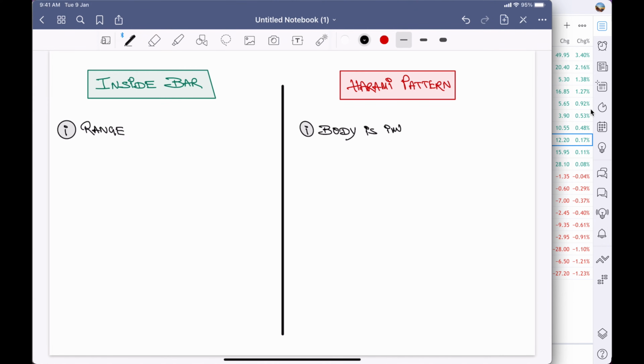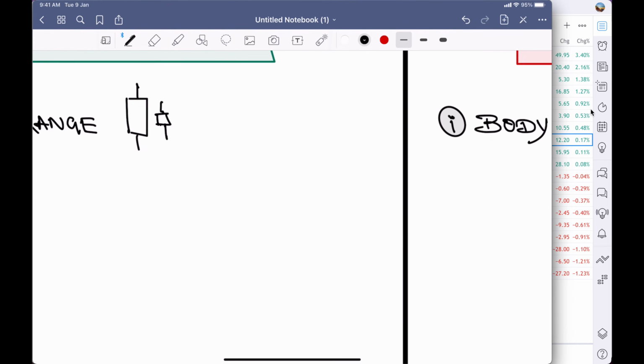Let me draw and explain this difference to you. When it comes to the inside bar, what we are looking for is one particular candlestick which is completely inside the range of the previous day. So we will be looking into the range of, let's say, day 2, and that range of day 2 should completely be inside the range of day 1.